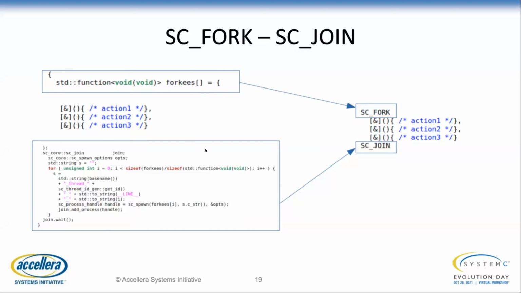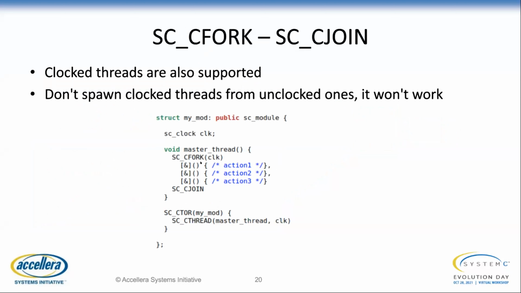And of course, you also have the equivalent for clocked threads. You basically have the SC_CFORK and SC_CJOIN macros, and you have to pass the clock that is used by the clocked threads. And pay attention that you should only use this macro inside a clocked thread.